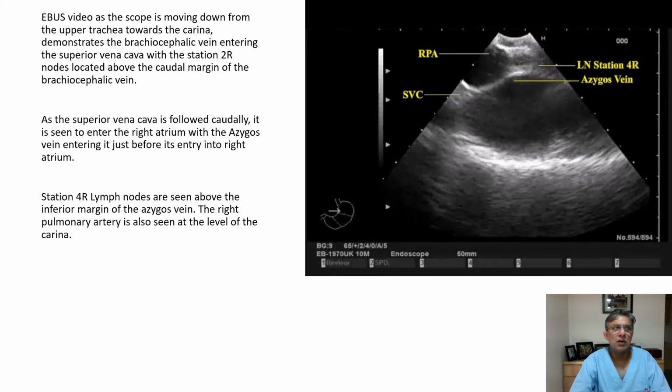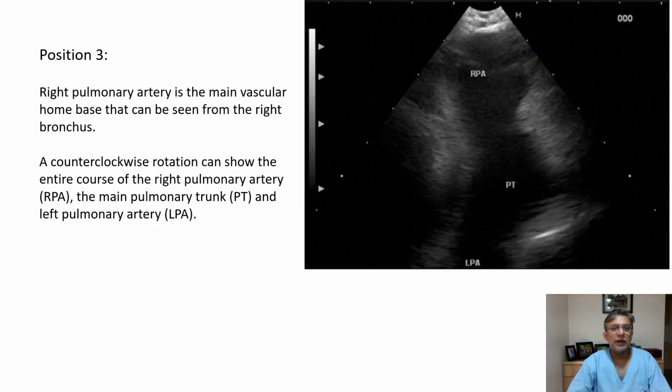We enter into the right main bronchus. The right pulmonary artery is the main vascular home base from the right bronchus, and through this right pulmonary artery we can see the pulmonary trunk, as well as the left pulmonary artery.